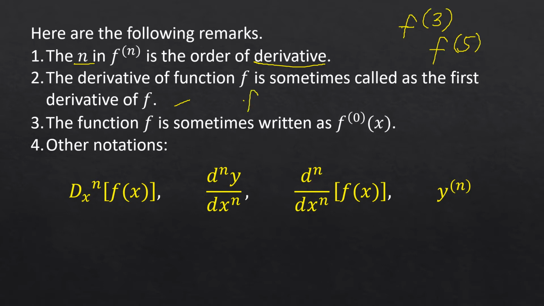Definitely, kasi f prime is itself the first derivative. Pero sabi ko nga kanina, f double prime, we call that the first derivative of f prime. Okay, so it's just more on the sequence from third to fourth. So ibig sabihin, si third ay first derivative ni second, at si fourth naman ay first derivative ni third, ganyan.